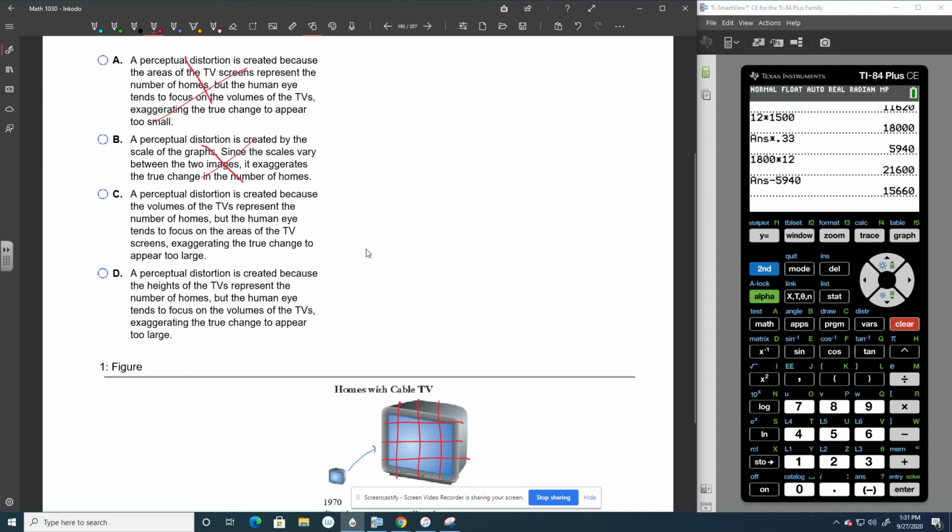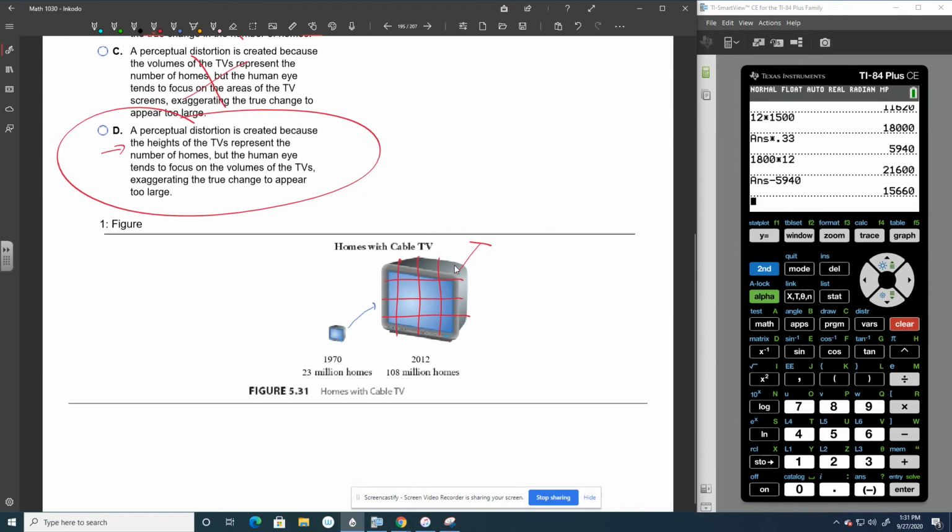A perceptual distortion is created because the volume represents the number of homes, but the eye tends to focus on the areas. Nope. A perceptual distortion is created because the height of the TV represents the number of homes, but the eye tends to focus on the volumes. So it's even acknowledging the fact that this isn't just getting taller and wider, but it's also appearing to get deeper as well. So we would choose option D.